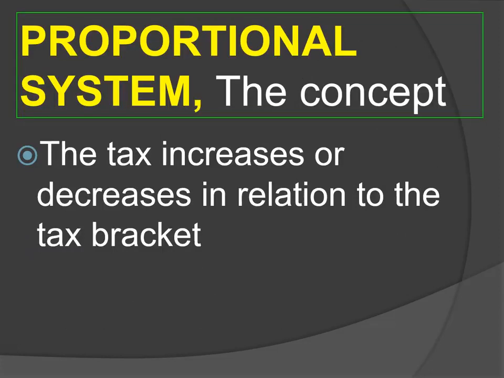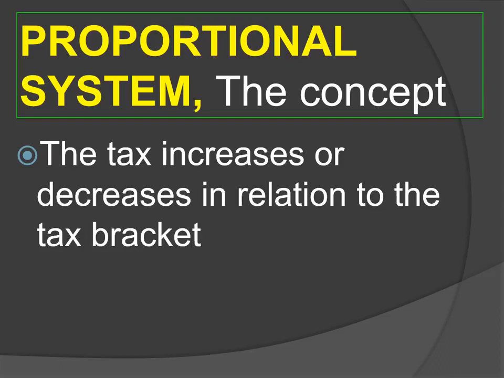What is meant by the proportional system? Let's discuss this in relation to the progressive system of taxation. Under the proportional system, the tax increases or decreases in relation to the tax bracket. So in short, if the gradation of the tax bracket is by 10 points every 10%, there is an increase. The tax also should increase by the same percentage points, 10%.